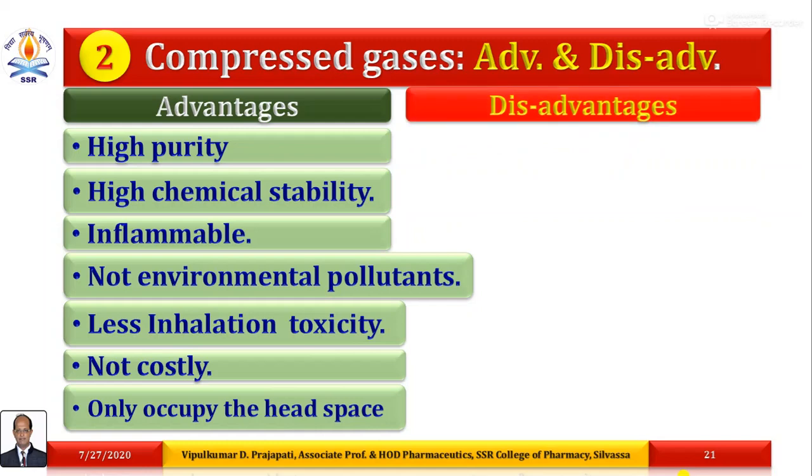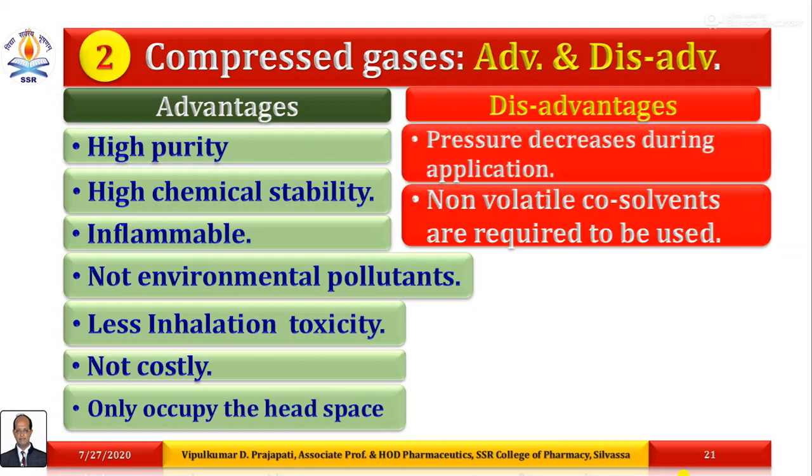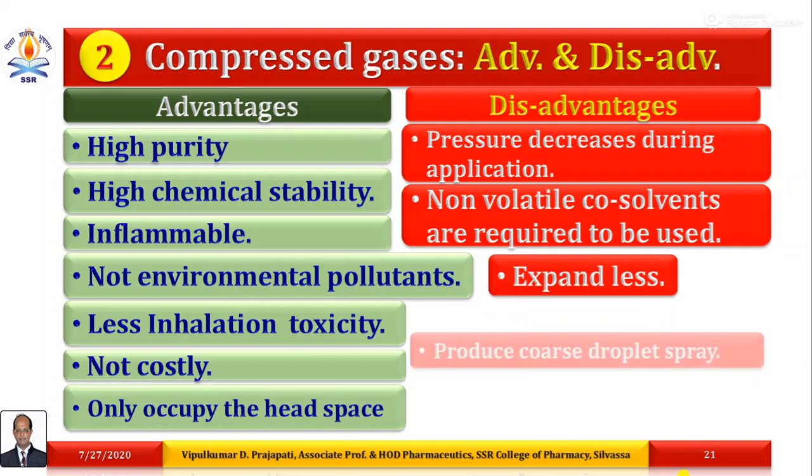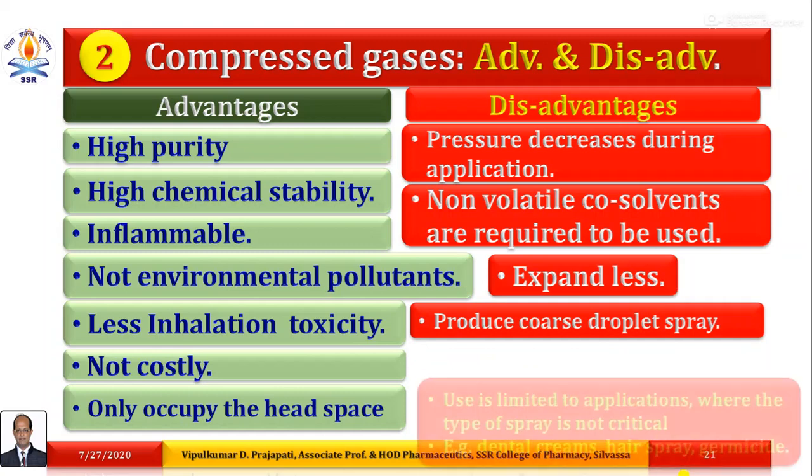What are the disadvantages of compressed gas as aerosol propellants? First, non-volatile co-solvents are required to be used. Pressure decreases during application. They expand less and produce a coarse droplet spray.